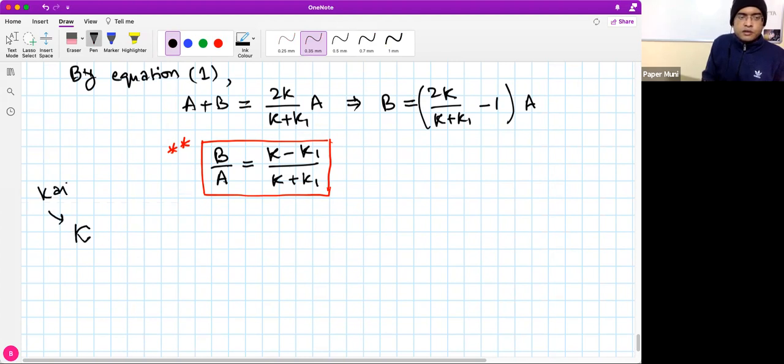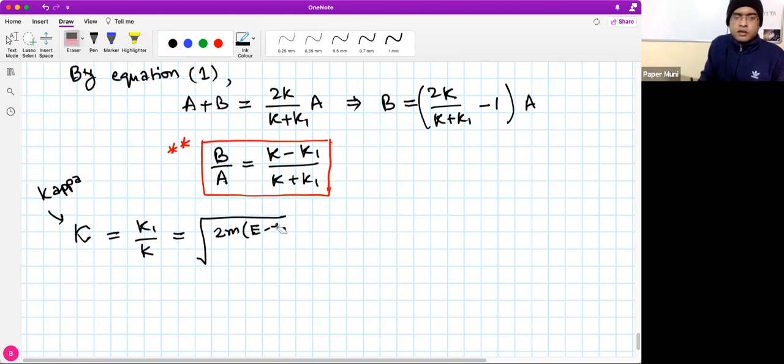Kappa is difficult to write on paper, because it mixes up with the k's. So I'll just make this a funny looking symbol. So we have 2m (E minus V naught) divided by h cut square.